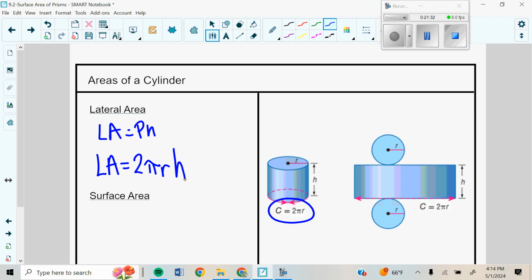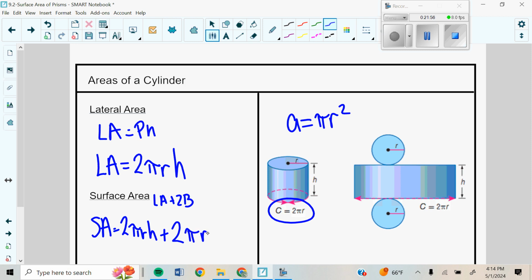Surface area, we're still thinking lateral area plus 2 bases, but this time we're going to be specific. So surface area is our 2 pi rh, which is our lateral area, plus 2 base areas. Well, the formula for the area of a circle is pi r squared. So we're going to say plus 2 pi r squared. So they're more specific for the area of a cylinder.